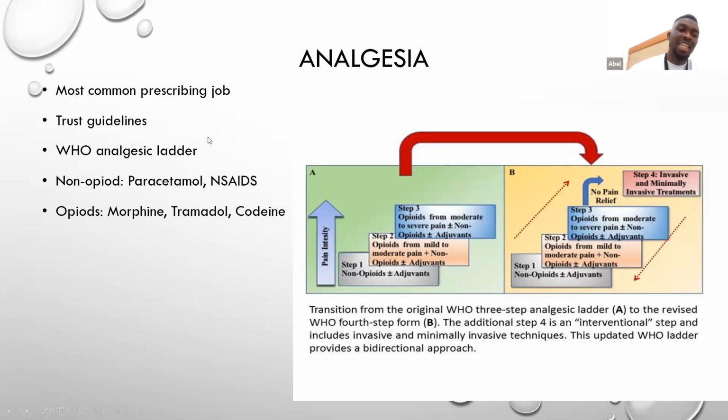So most trusts again have guidelines. I'm not going into too much detail on this, just because you will encounter them, and you will have the opportunity to see what your trust recommends. So the EPMA also has analgesic bundles as well.